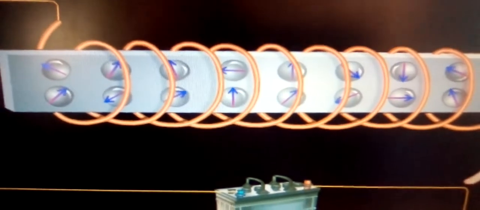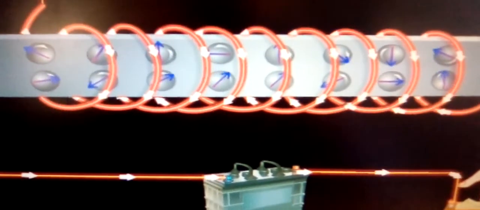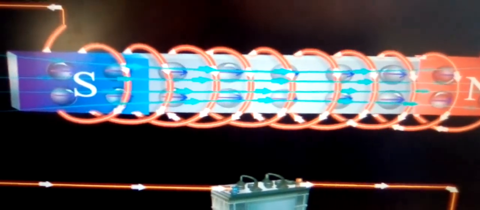Using the knowledge above, we have this unmagnetized material. You see, the atomic magnets initially are in random directions, but when current flows, they are going to be aligned in the same direction.